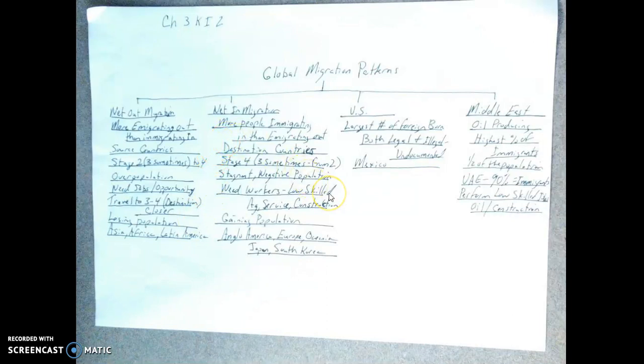Next are those countries with net immigration. This means they have more people immigrating in than immigrating out, more people coming than going. These are destination countries. These are typically core countries in the core periphery model. So these are stage 4, sometimes stage 3 if they're coming from stage 2.